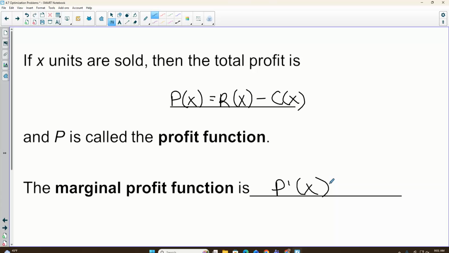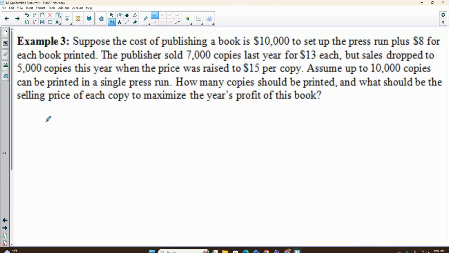So let's look at a problem using this stuff. Suppose the cost of publishing a book is $10,000 to set up a press run, plus $8 for each book printed. So this is my cost, $10,000 to set up, plus $8 for each book.